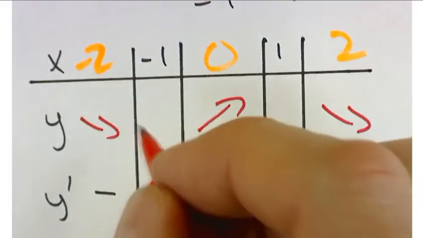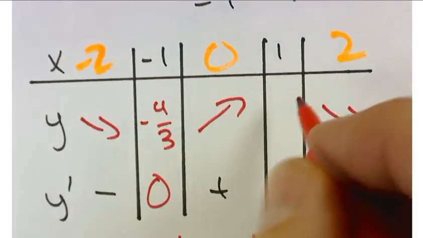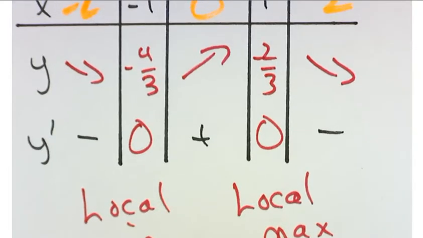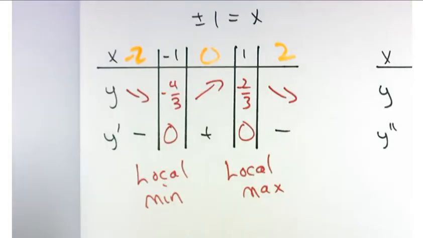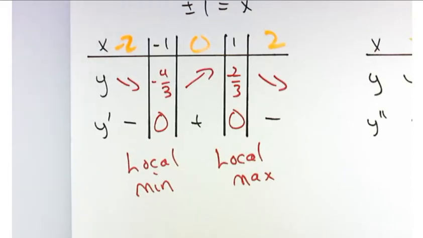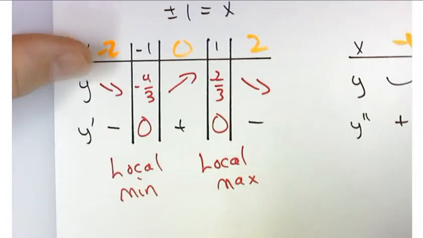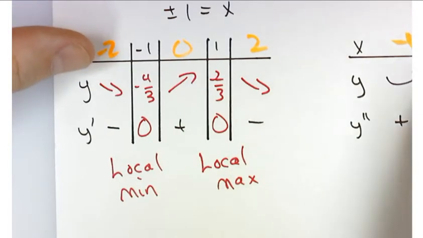So at negative 1, I get negative 4/3, and at positive 1, I get negative 2/3. At 1, oh yeah, you're right. I'm sorry. At 1, you get 0. I looked at 0. At 0, yeah, you're right.